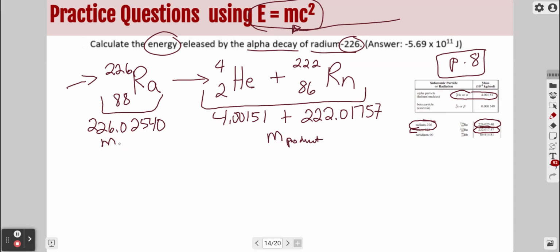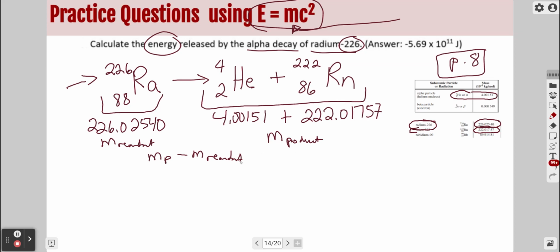All right, so we want the mass of our products. And this is our mass of our reactants. And so we're going to take the mass of our products minus the mass of the reactants. So we add our products all together. So we're going to go 4.00151 plus 222.01757.